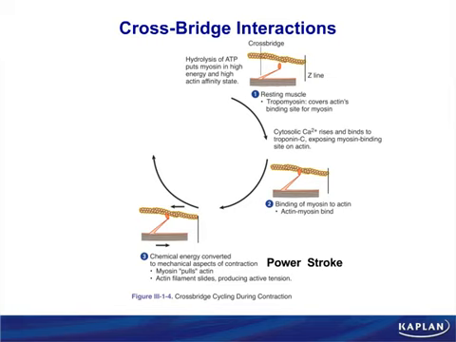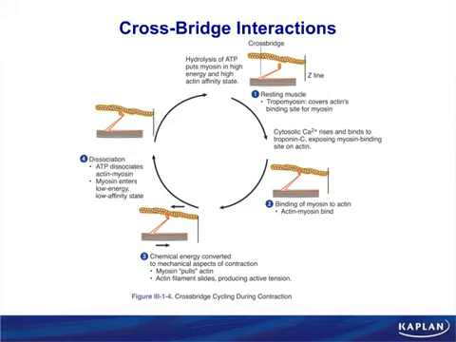Once myosin binds, it was in a high energy state, so we convert that energy to a mechanical pull. Effectively, myosin will pull the actin, and this will produce active tension. That is our power stroke. Now the next step is ATP. ATP will come in and dissociate actin and myosin.